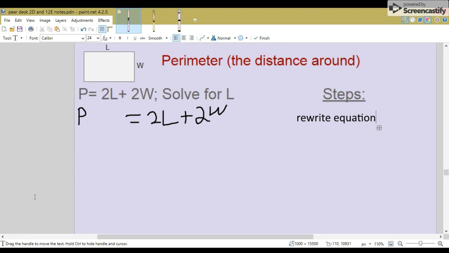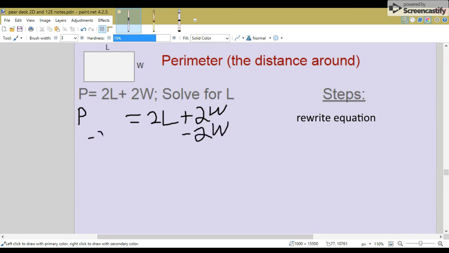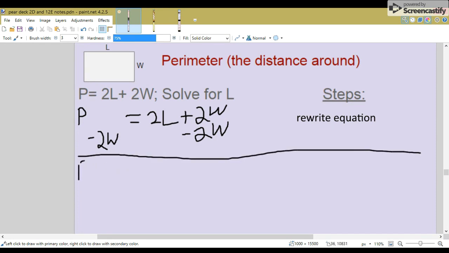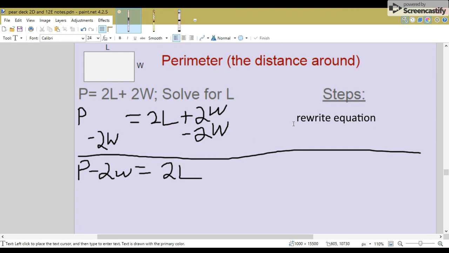Next, subtract 2w from each expression because we want to isolate the L. We want the L by itself, and the 2w term is not part of the L.